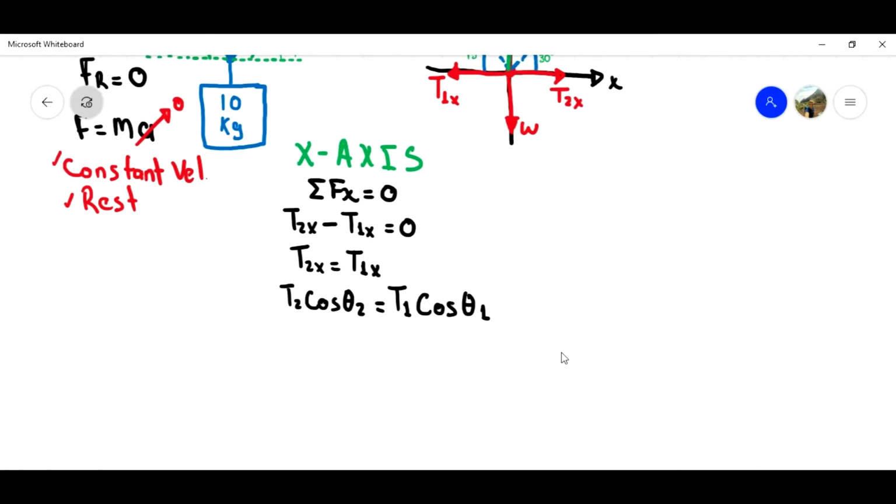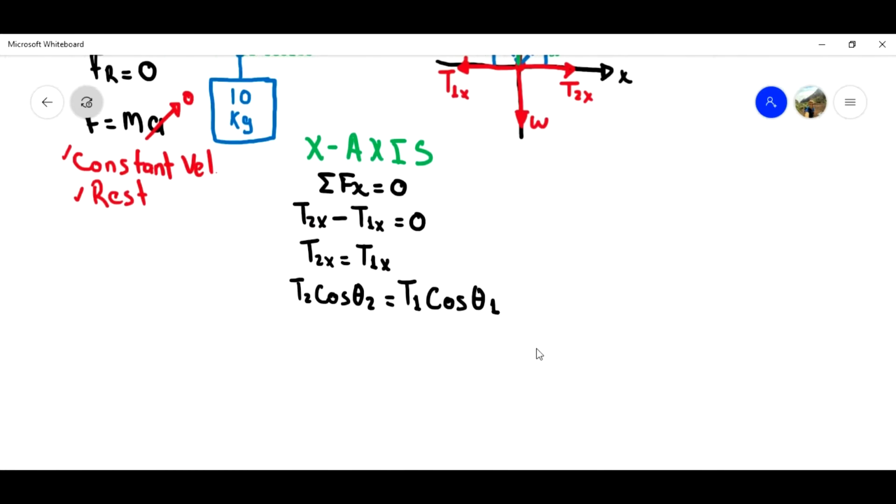From this equation, I'm going to isolate tension 2. So the cosine of the angle of tension 2 is going to move to the other side dividing. So tension 2 equals tension 1 multiplied by the cosine of the angle of tension 1, over the cosine of the angle of tension 2.